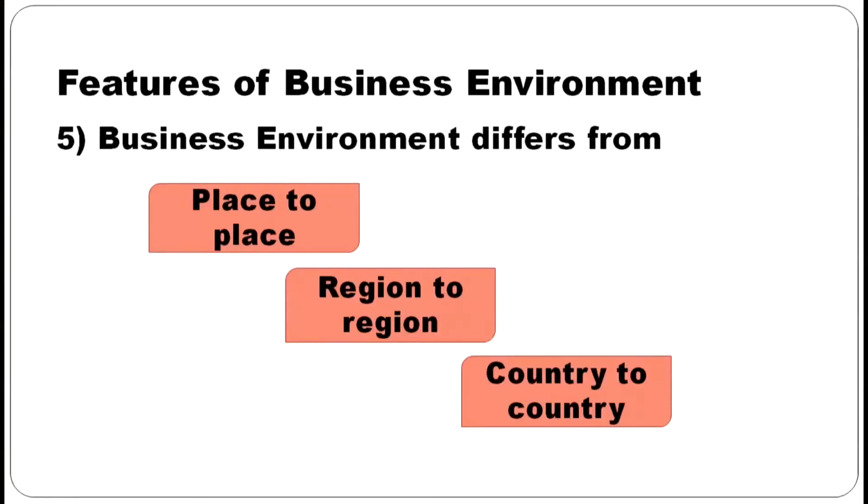Because of the demonetization of 500 rupee notes and 1000 rupee notes, which are in circulation in India right now, the government expected a minimum cash society, that is, online business moving at a fast rate. So we cannot predict what will be the impact. Business environment differs from place to place, from region to region, and from country to country.